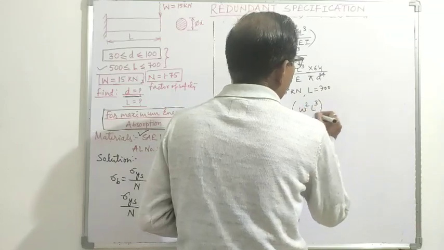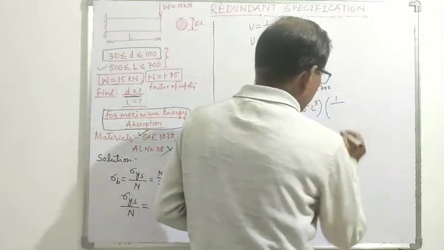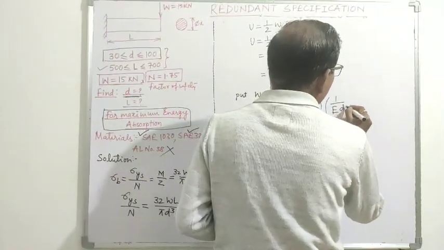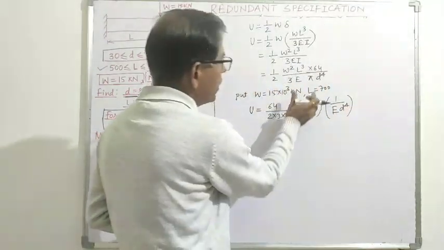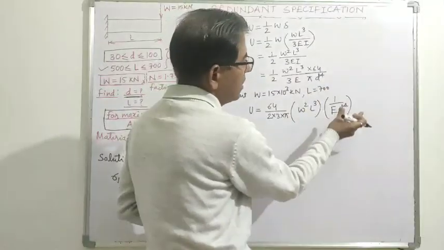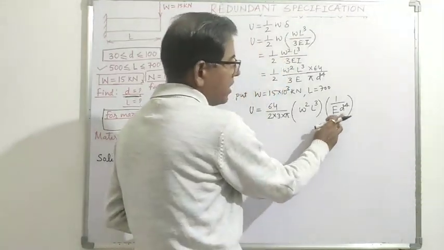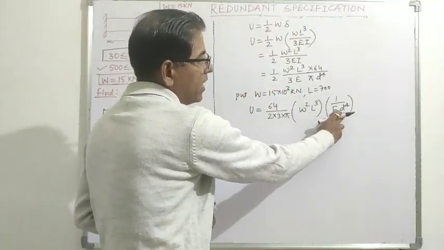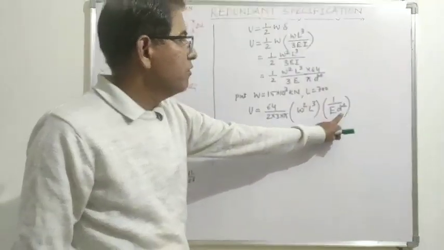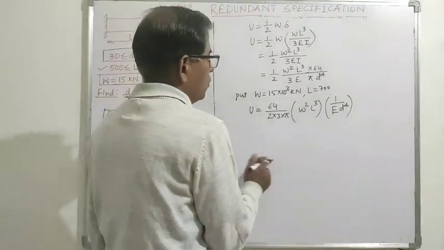So we have sorted out the functional variables and the other variables, the material constant and D. D we still have to find out, and E is the material constant.